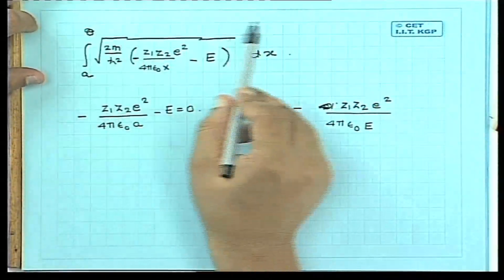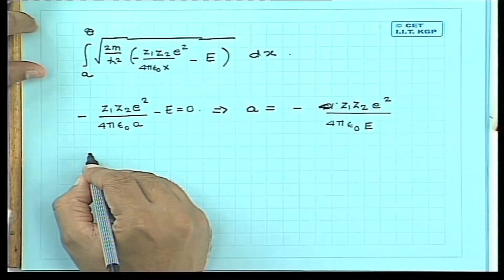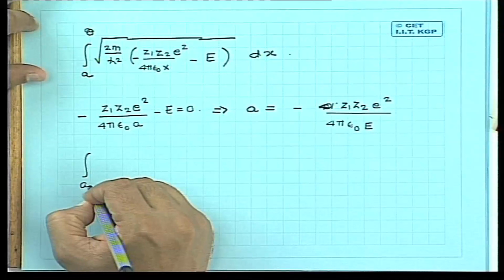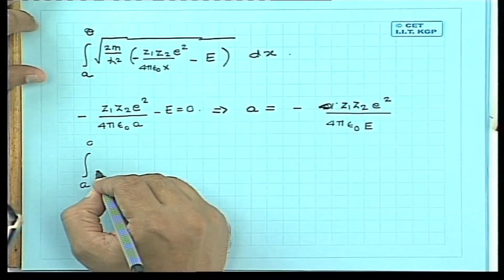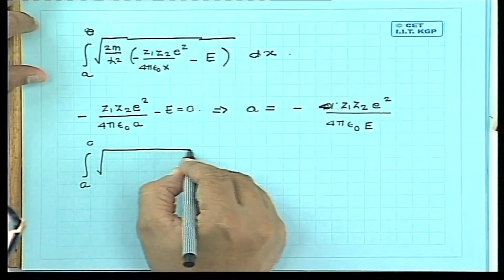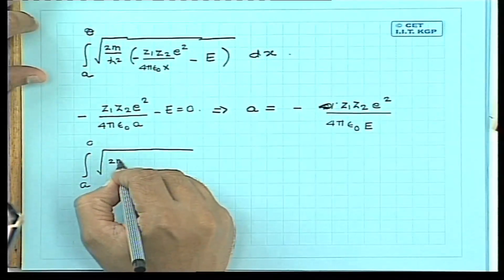So this integral now becomes, from A to 0, square root of 2m.